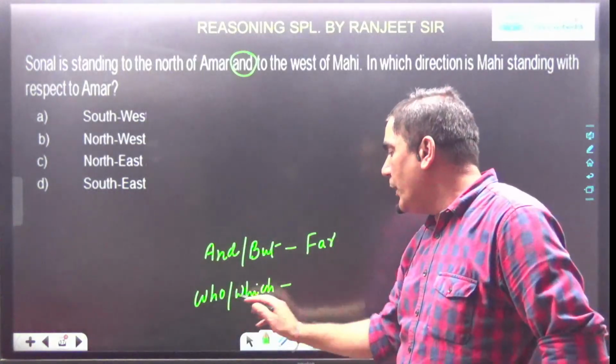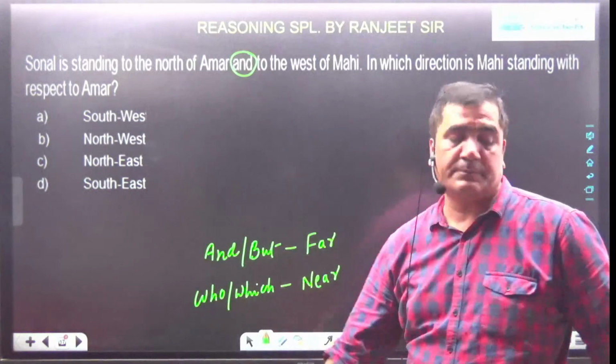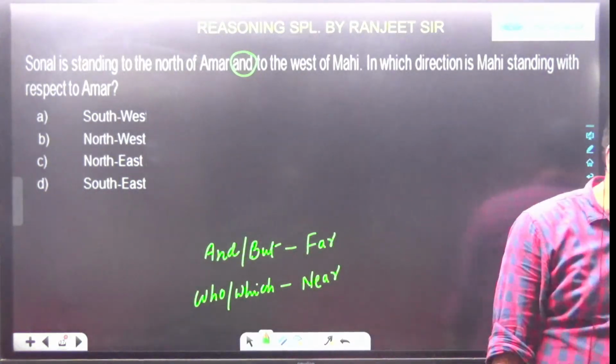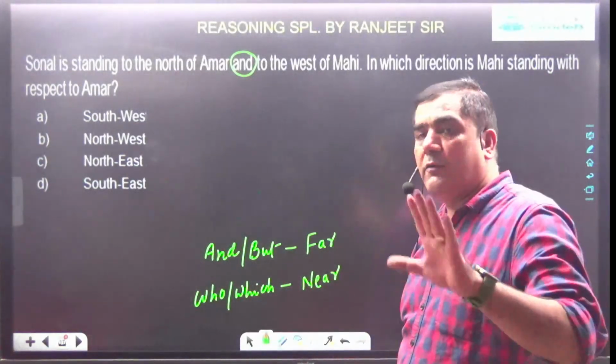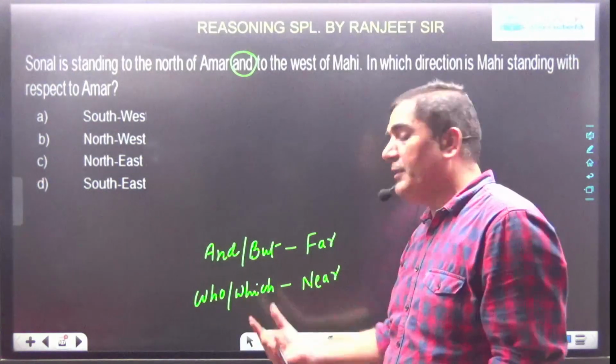And whenever "who" and "which" come, they are always for the person near to the "who" and "which". Remember, remember, remember. "And" or "but" always signifies the person far from it, and "who" and "which" always stand for near.